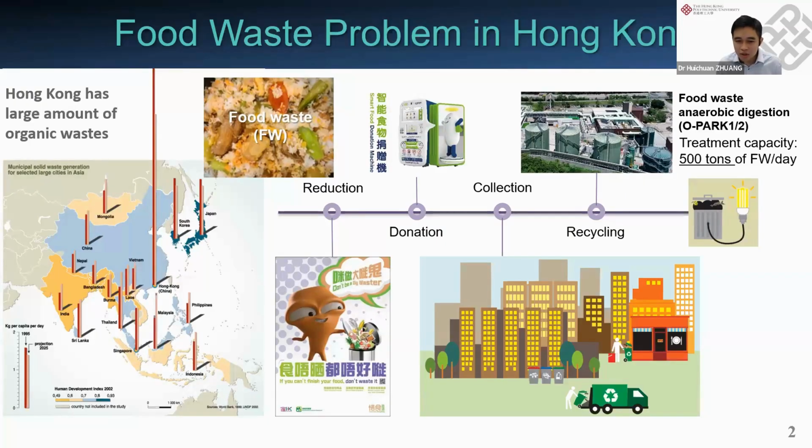And in Hong Kong especially, we use anaerobic digestion systems for treating the collected food waste. Nowadays we have O-PARK 1 and O-PARK 2, and also some co-digestion systems starting with sewage treatment works. However, the overall treatment capacity for food waste is 500 tons every day. This number is far away from the total food waste generated every day.